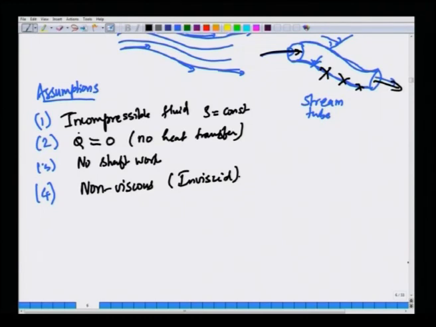Okay. If you assume all these things, then the most general form of the energy balance which we wrote with single inlet and single outlet for incompressible fluids is the following.